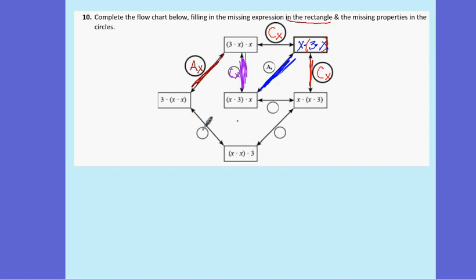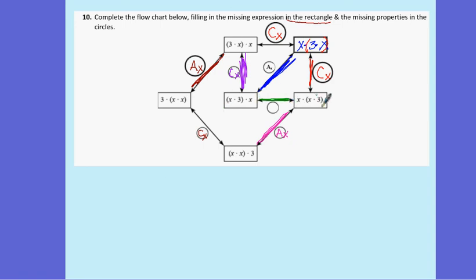I did find a change in order, so it's commutative property of multiplication. Okay, we're almost all the way around. Let's take a look here. xx3, xx3. Different groups. X and 3 are grouped together here, x and x here. Associative property of multiplication.